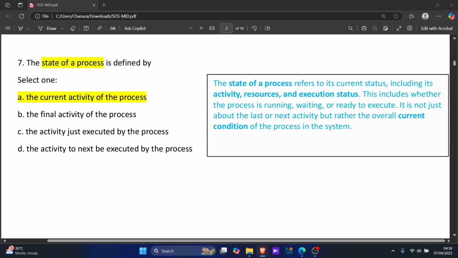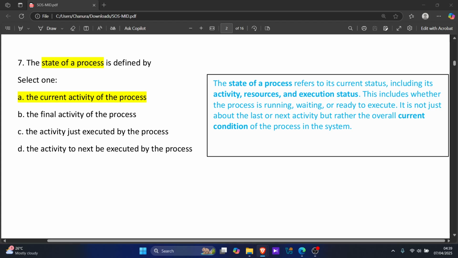Let me think again. The state of a process in operating systems typically refers to whether it's running, ready, blocked, etc. These states are about the current status in terms of execution. So the state includes if it's currently executing, waiting for an event, or ready to run. So the state isn't just about the specific activity but the broader status.